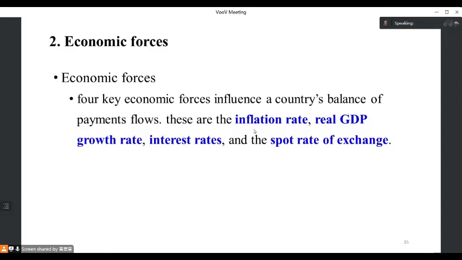These are the inflation rate, real GDP growth rate, interest rate, and the spot rate of exchange.